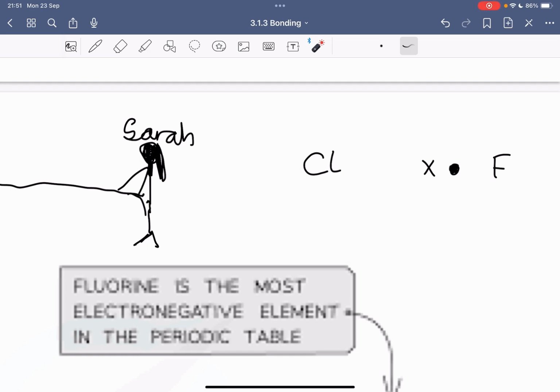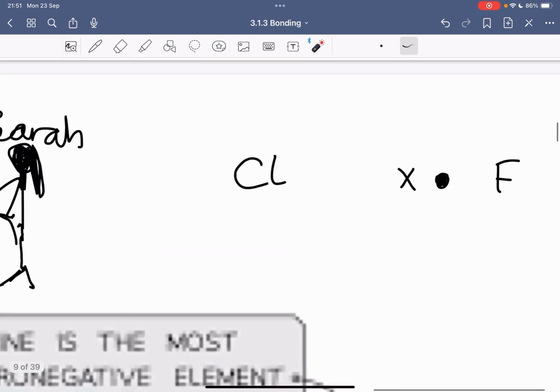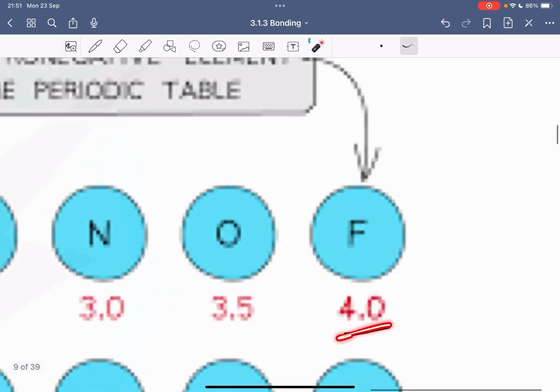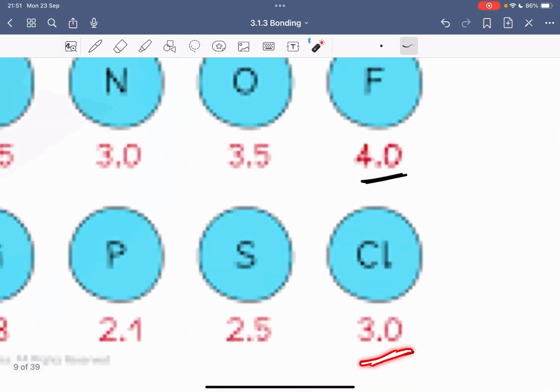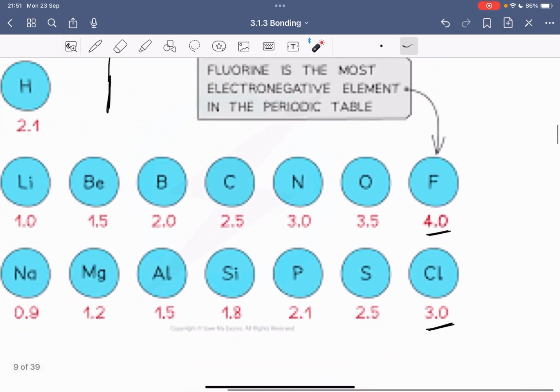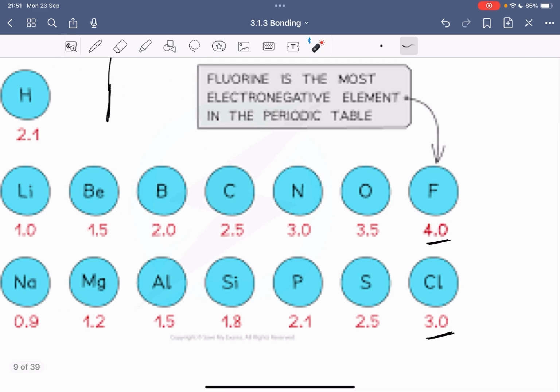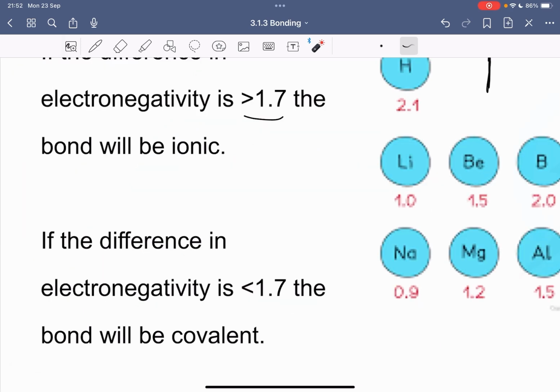We're still holding on. And that's what's caused when you have elements with different values of electronegativity, okay? Different strengths, but not so much of a strength difference that it's ionic. So if the difference in electronegativity is less than 1.7, the bond will be covalent.